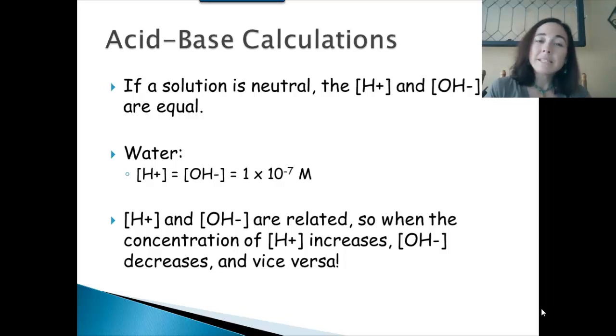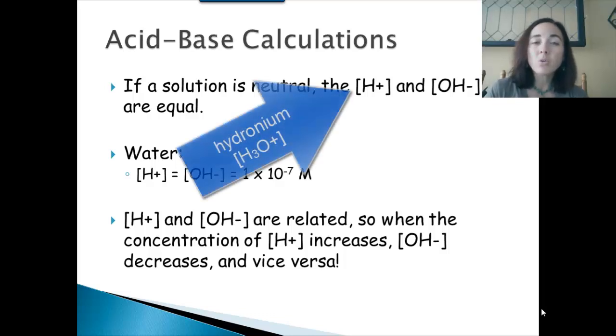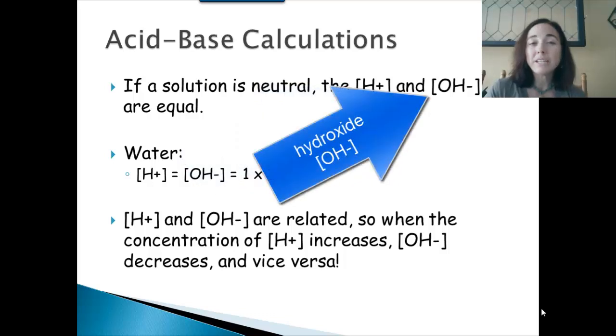Now, when an acid and a base react, sometimes it's useful to do some calculations to go with those reactions. I want to talk to you a little bit now about the hydroxide and the hydronium ion concentration. The hydronium ion, or H+, indicates an acid unit of a substance, and the hydroxide ion, which is OH negative, indicates a base unit.